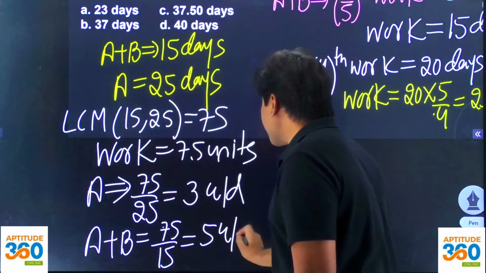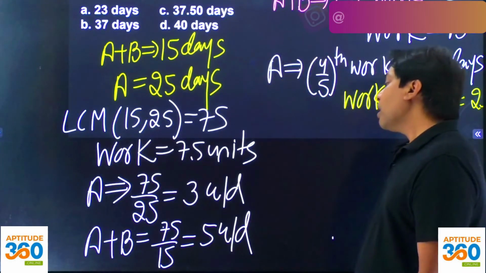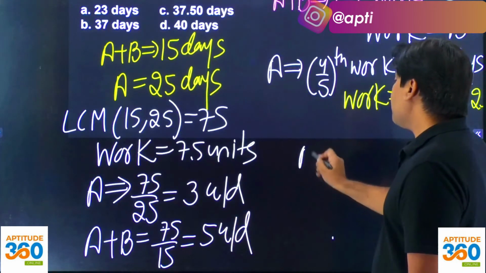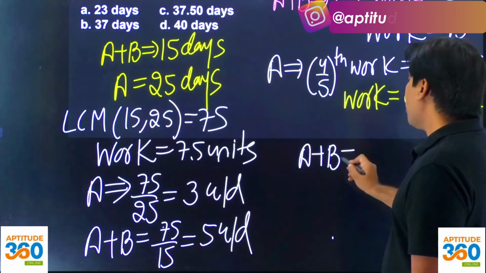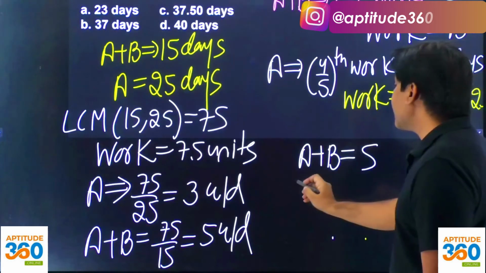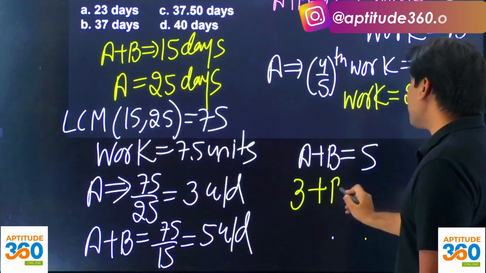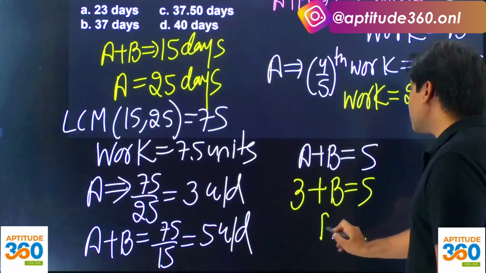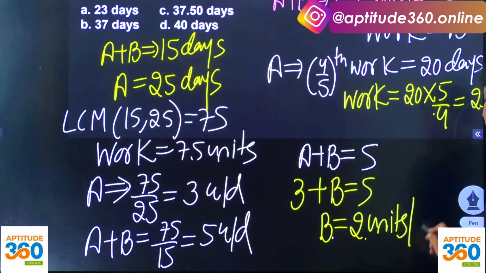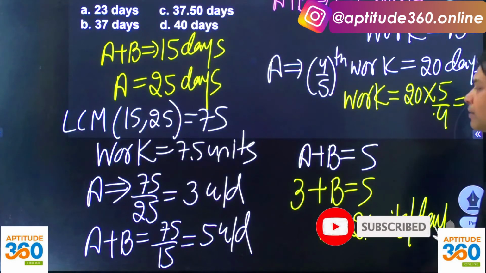I don't even have to give you the explanation. आपको समझ में आ रहा होगा. और क्योंकि A and B 5 यूनिट करते हैं, उसमें से 3 यूनिट किसने कर दिया? A ने कर दिया. So how many units B will be doing? B will be doing 2 units per day. Isn't it simple?